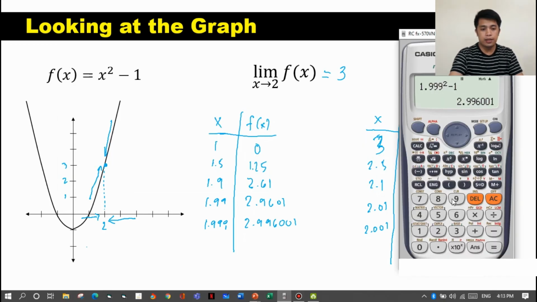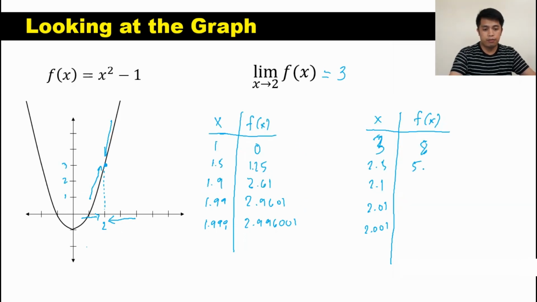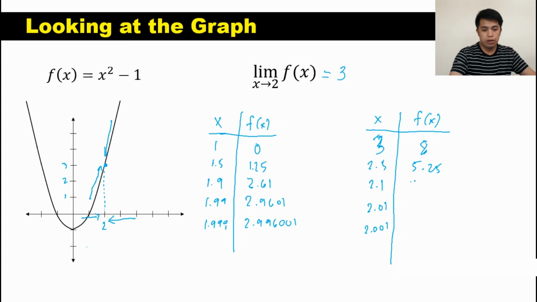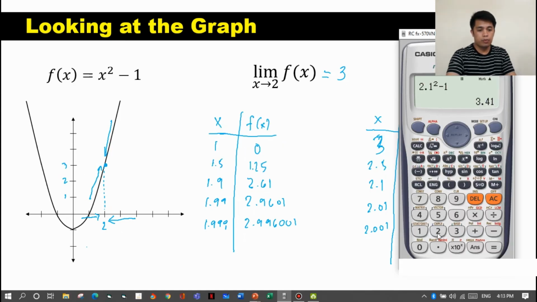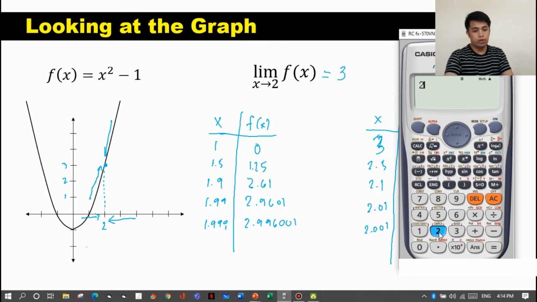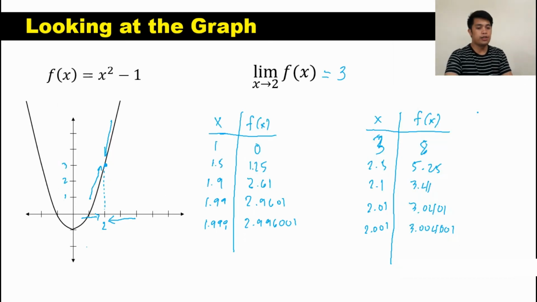Dito sa pikas nga side, 2.5 squared minus 1 is 5.25. Then 2.1 squared minus 1, pila man siya, 3.41, and then 2.01 squared minus 1, 3.0401, and 2.001 squared minus 1 is probably 3.004001.